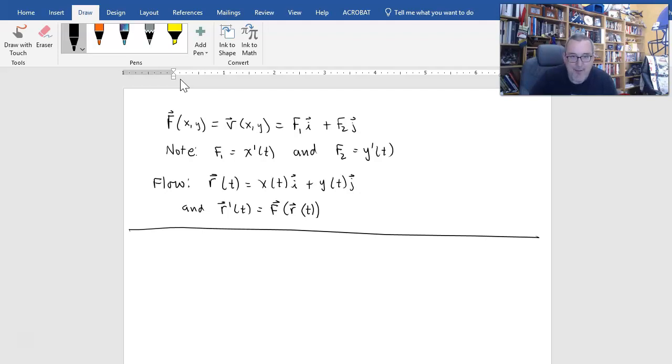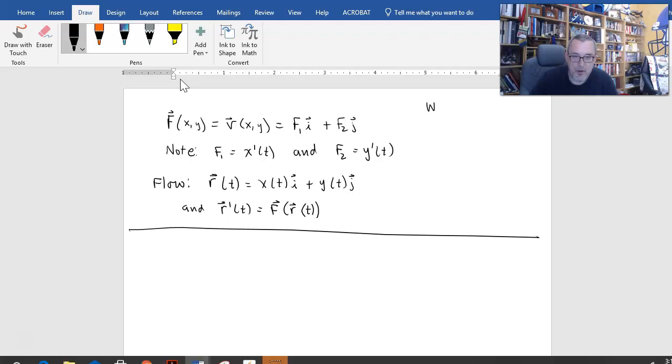That is, if we just had a regular vector field, maybe instead of v for velocity, we'll call it w at xy. So if we had a w at xy vector field that was something i plus something j, now we're taking the derivative of that.